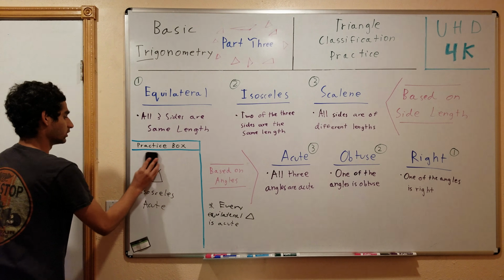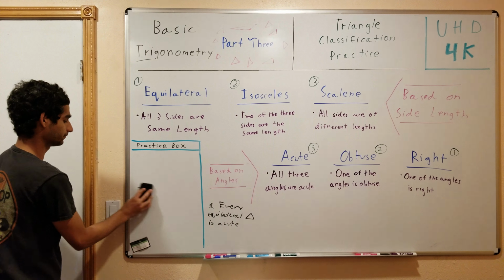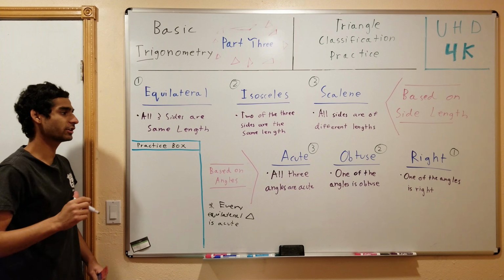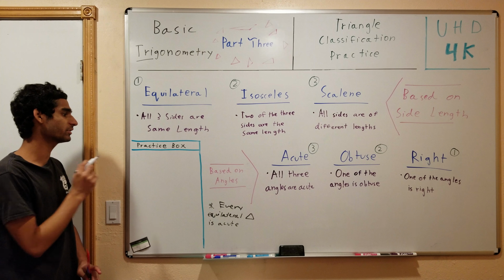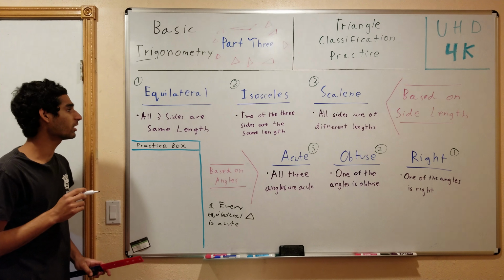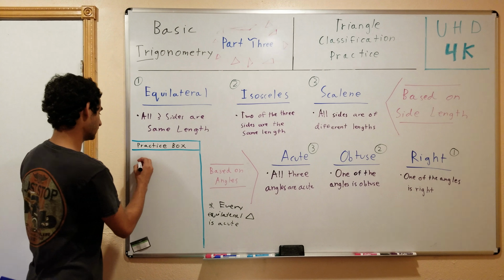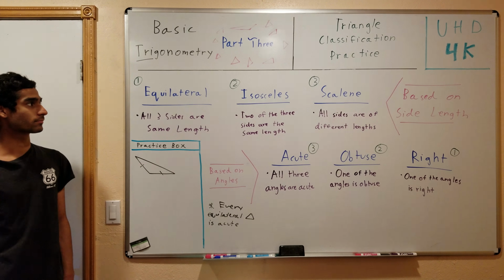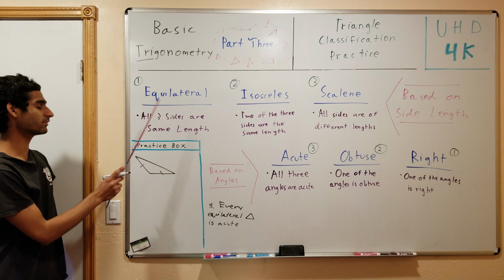So let's do a couple more. And by the way, feel free to pause the video as I draw the triangle. Try to solve this by yourself, and then you can watch the solution. So what about this? Is this an equilateral triangle?